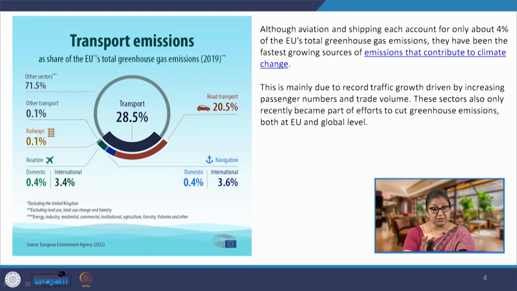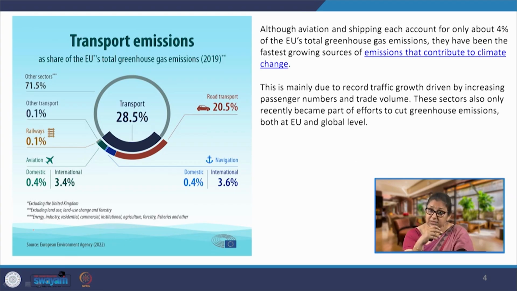Looking at the transport sector emissions, this data is for the EU, European Union, and for overall greenhouse gas emissions, the transport sector contributes around 28.5% of the total emissions, which is huge, approximately one third of the total emissions happening in the entire geographic area.